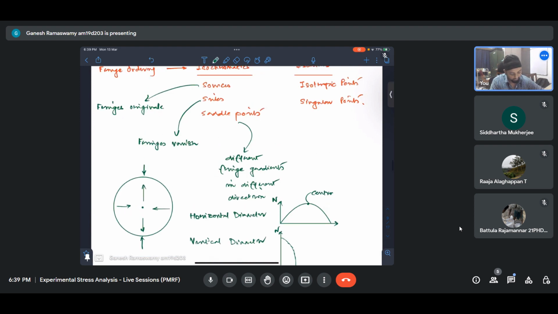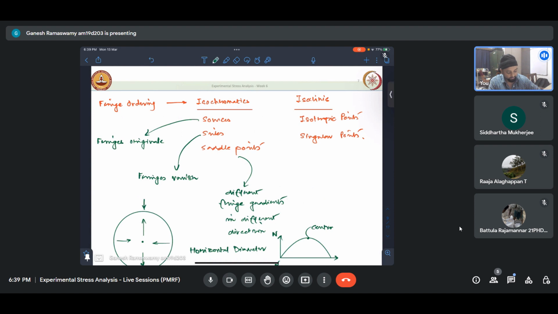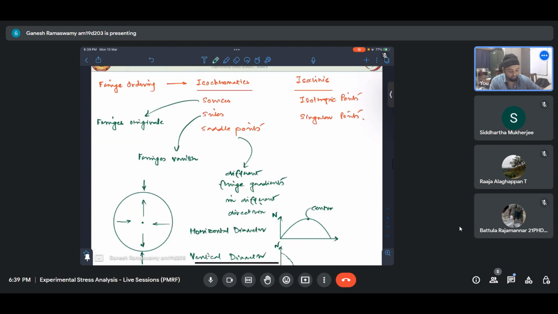Now if we look at the properties of isoclinics, these are characterized by isotropic points. Isotropic points are where the material behaves like an optically isotropic response. It has an optically isotropic response, I should say.